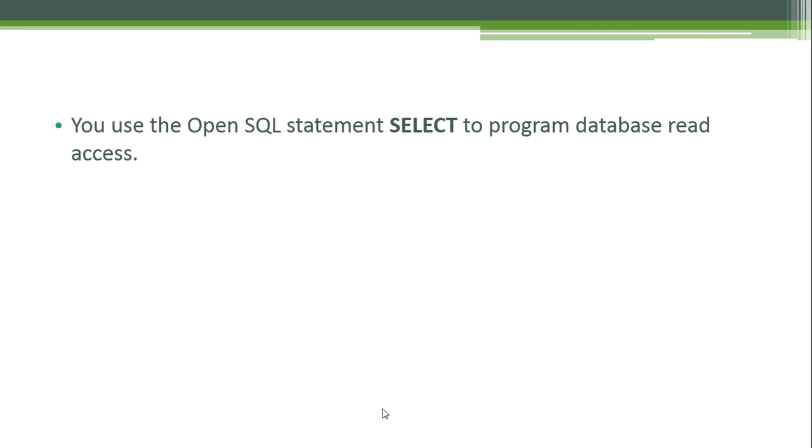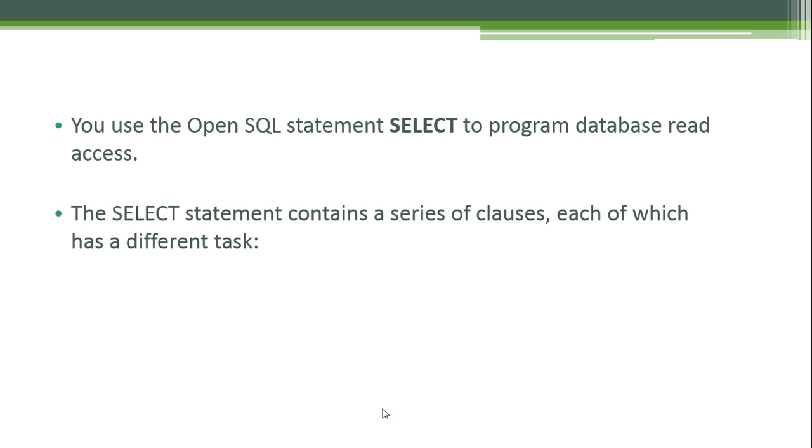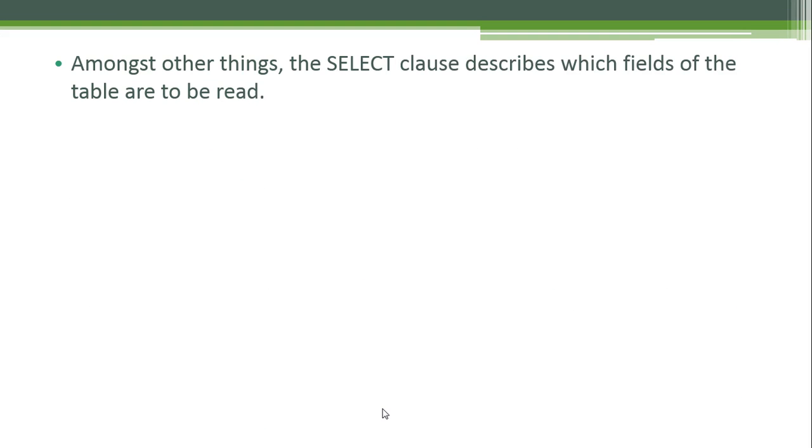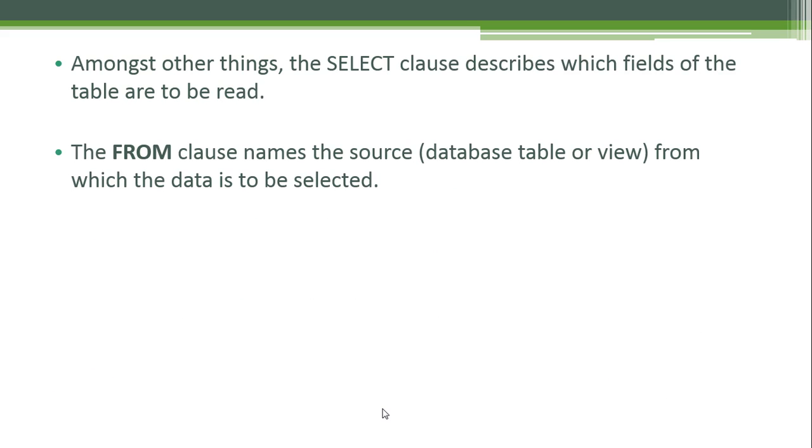You use the OpenSQL statement select to program database read access. The select statement contains a series of clauses, each of which has a different task. Amongst other things, the select clause describes which fields of the table are to be read. The from clause names the source, database table or view from which the data is to be selected.